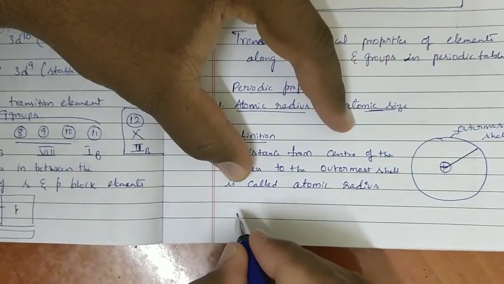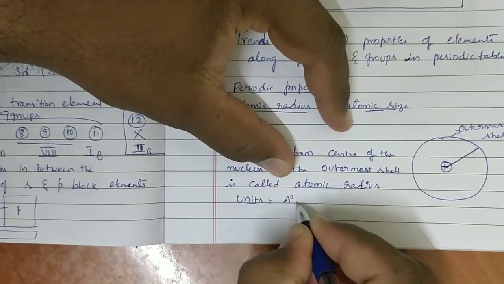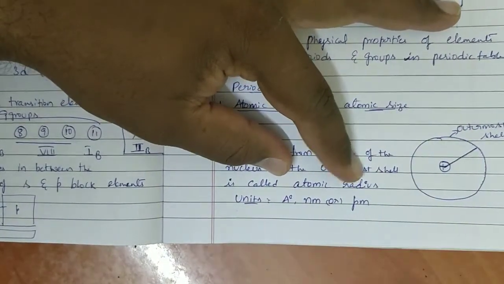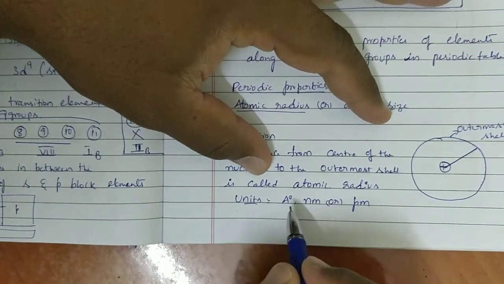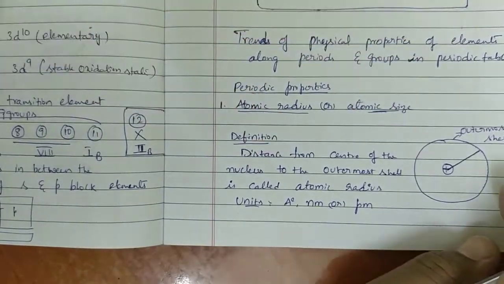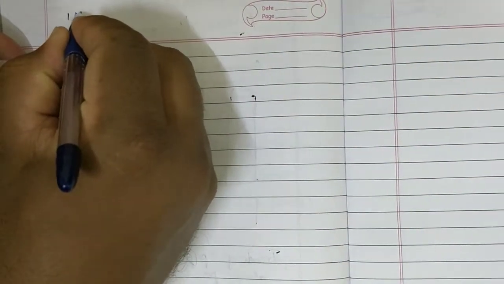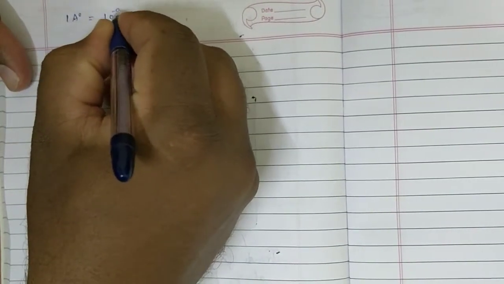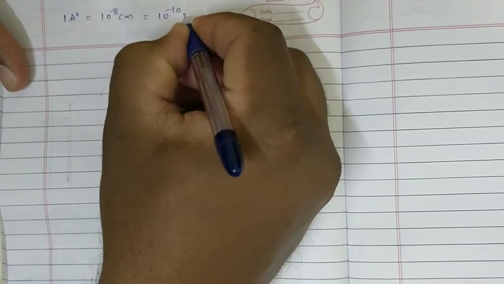Now, units for this atomic radius: angstroms, nanometers or picometers. Conversions are also important, so note down the conversions now. One angstrom is equal to 10 power minus 8 centimeters, which is equal to 10 power minus 10 meters.